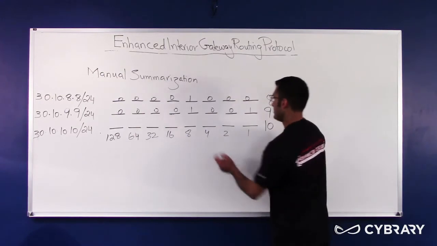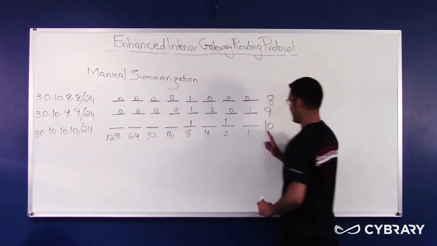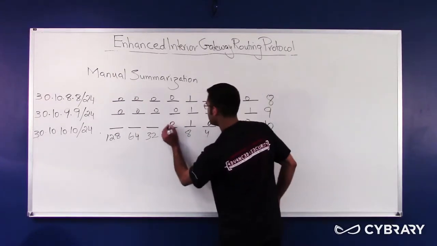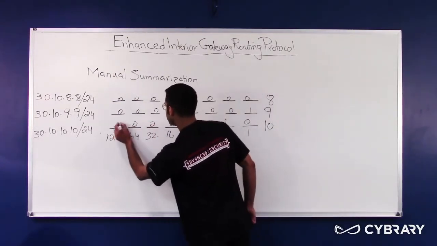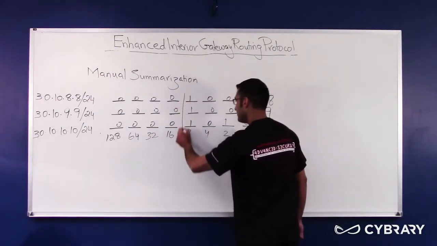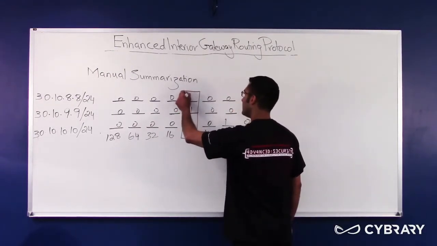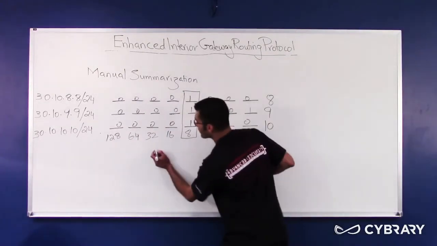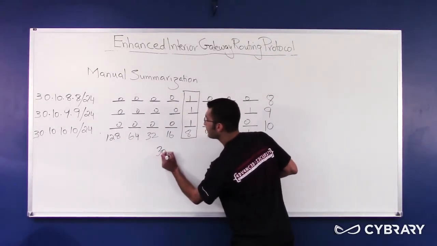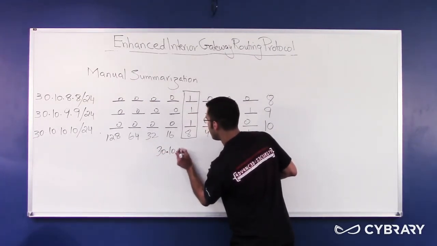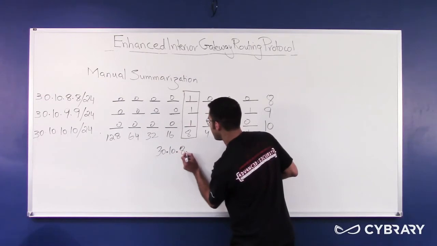I turn the 8 and 2-bit on to get 10, and the rest of them are zeros. So, as you see, my ones line up at the 8-bit value. So, my summarized network address would be 30.10.8.0.